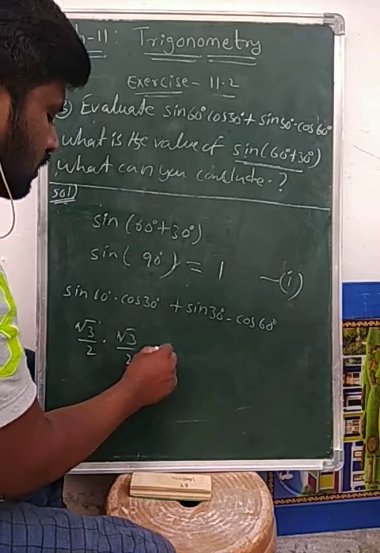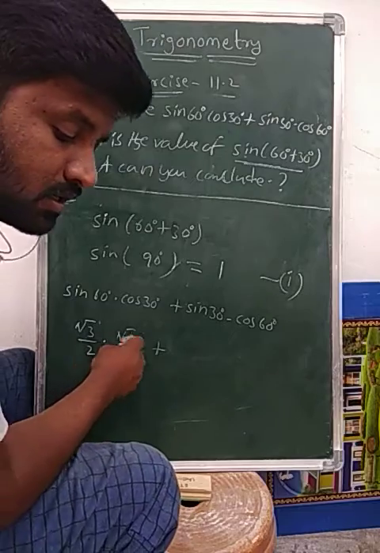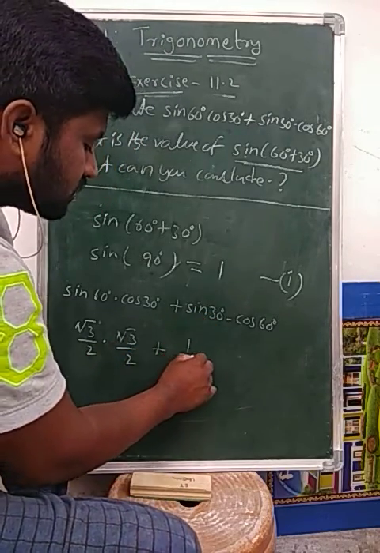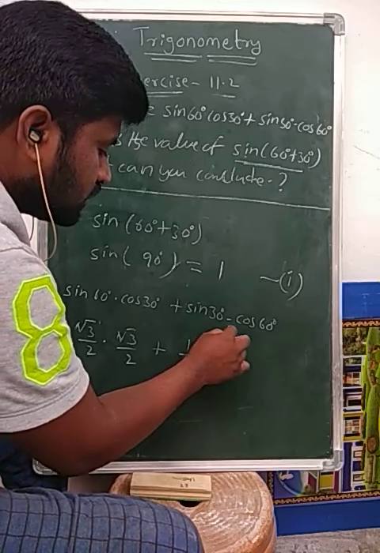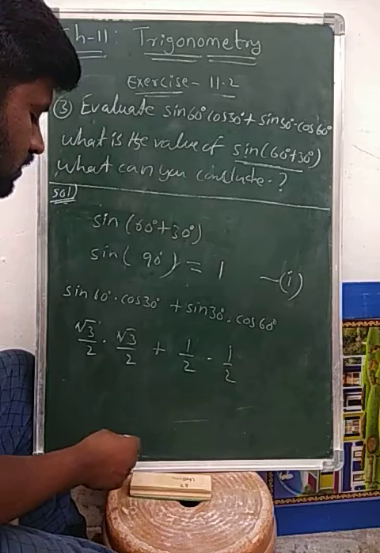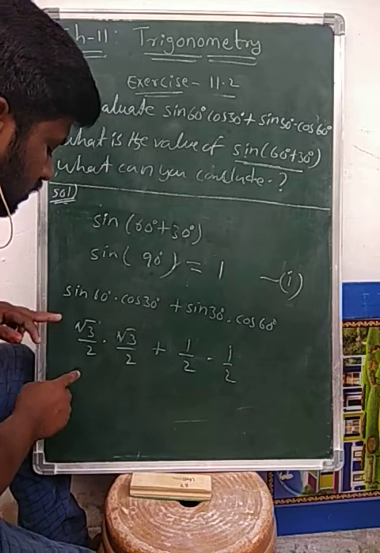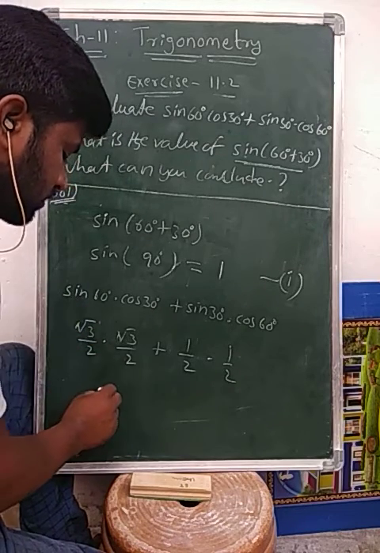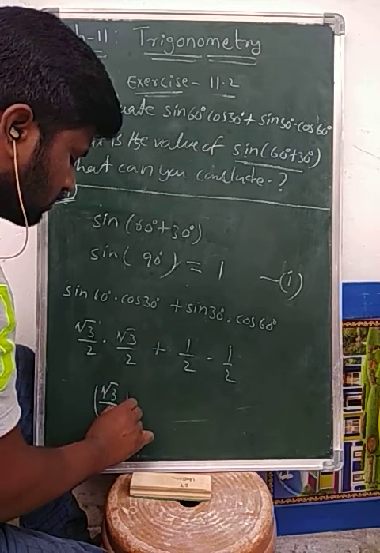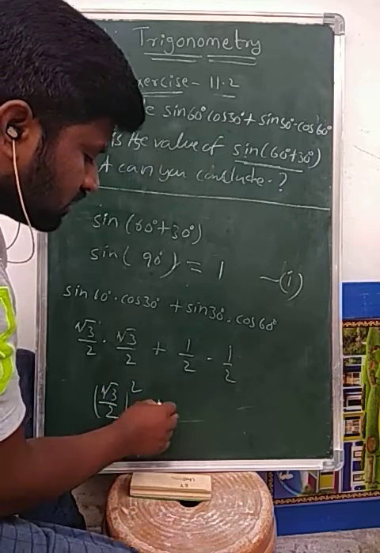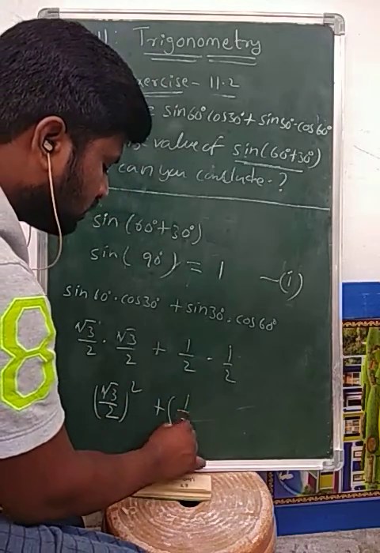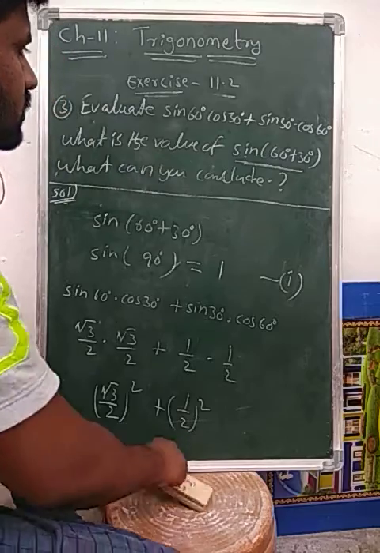Plus here what they given, sine 30 also, that is 1 by 2 into cos 60 means that is also 1 by 2. So clearly root 3 by 2 into root 3 by 2, that is root 3 by 2 whole square, plus 1 by 2 into 1 by 2, that is 1 by 2 whole square.